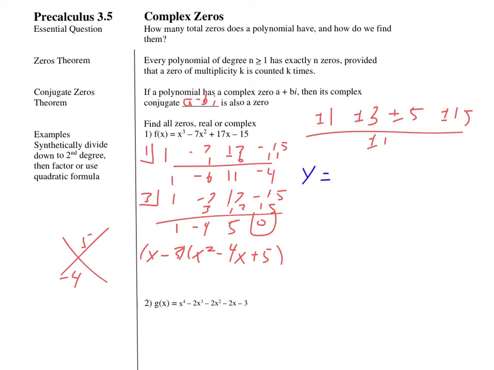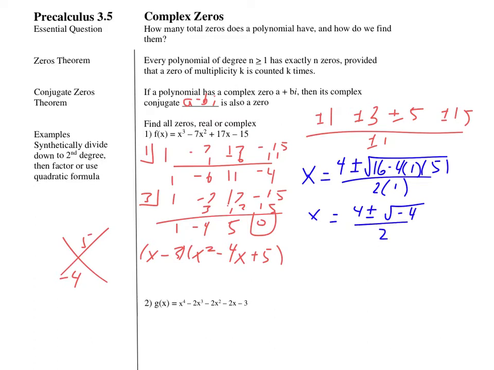So I'm going to say x equals negative b, so that's going to be positive 4, plus or minus the square root of b squared minus 4ac, all over 2 times a. So inside the radical there is 16 minus 20, so that's actually negative 4.